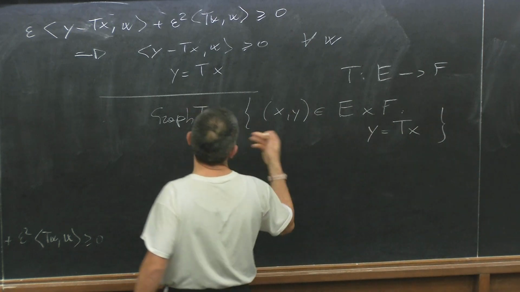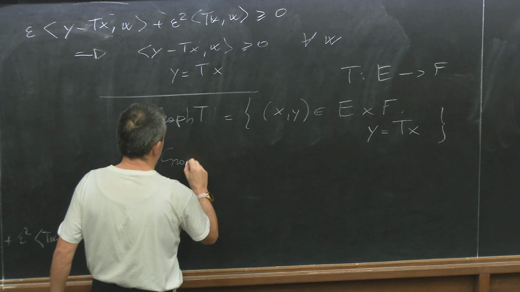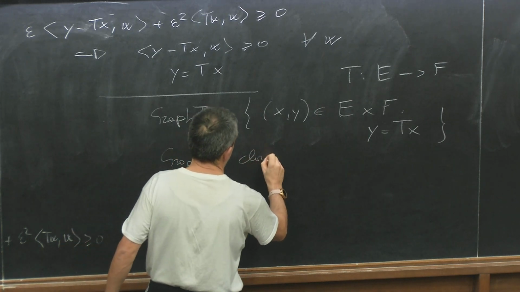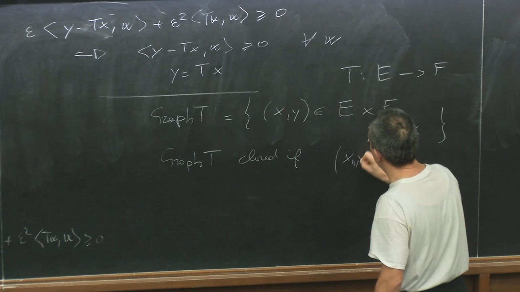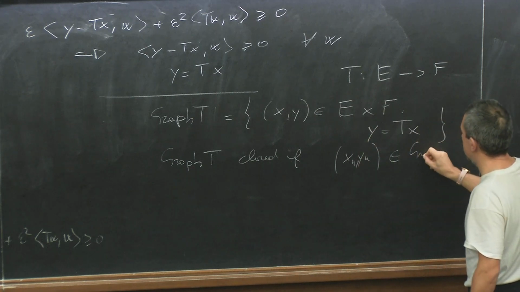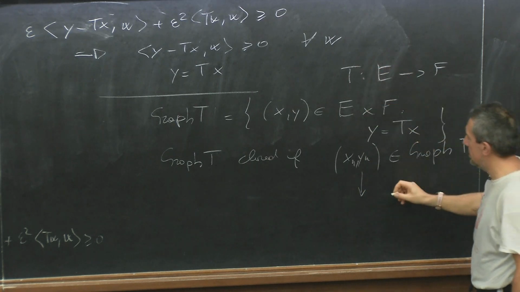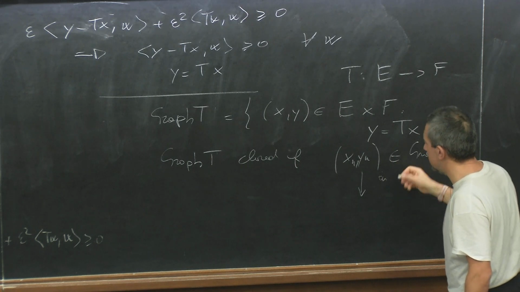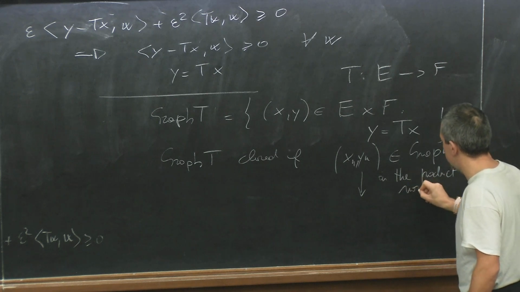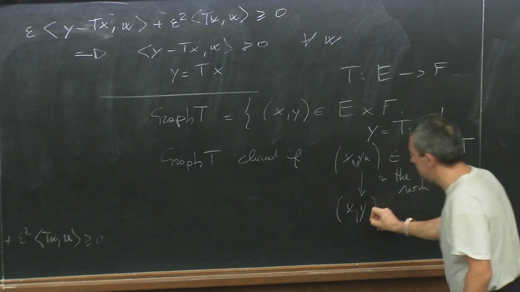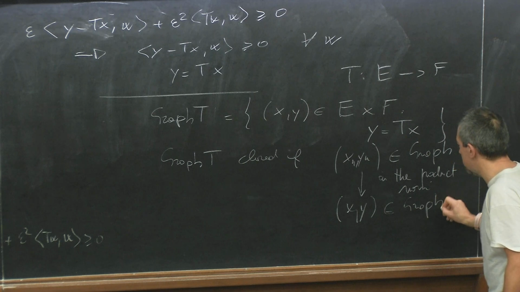Now we are in metric spaces. So the graph of T is closed if you take a sequence in the graph, xn, yn, which belongs to the graph, and they converge strongly, so they converge in norm, in the product norm, to xy, then the limit belongs to the graph.